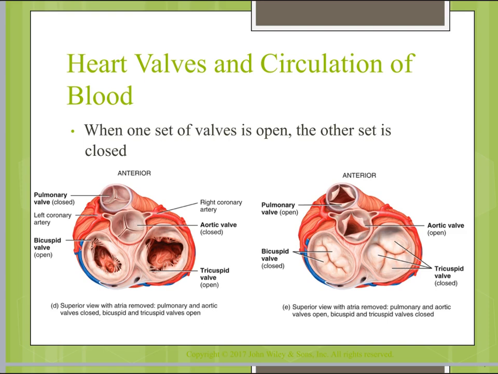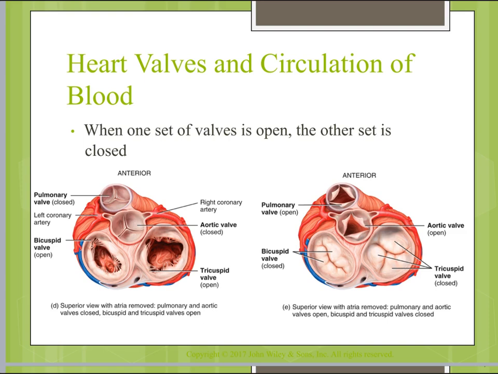Now the valves work opposite each other. So when one set of valves are open, the other set are closed. So for example, when blood's moving to the ventricles from the atria, the AV valves are open and the semilunar valves are closed. Now, when blood's moving to the pulmonary circuit and the systemic circuit via those semilunar valves, both semilunar valves are open and the AV valves are closed.